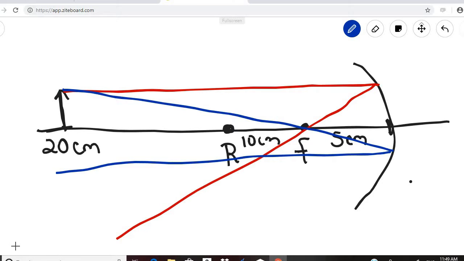Okay, and then the last bit of information is that if a beam of light goes through the radius of curvature on the way in, it will travel back out through the same path.